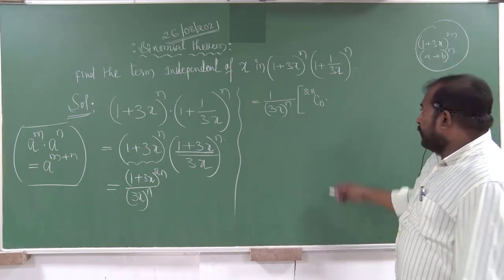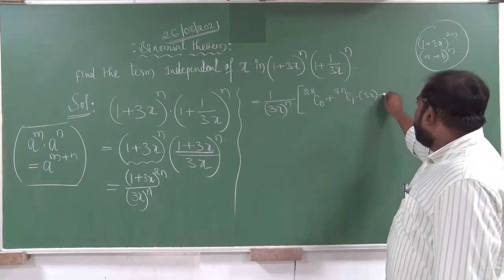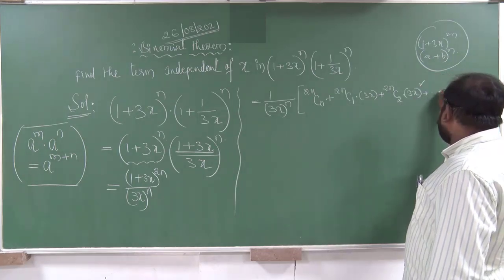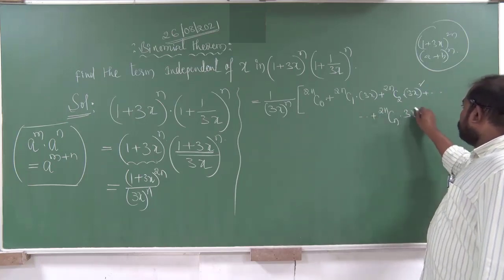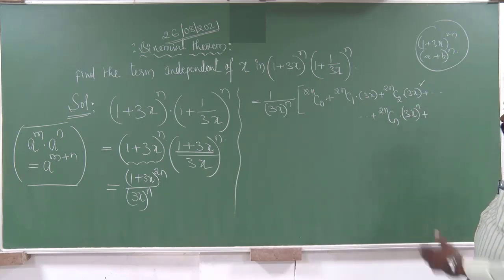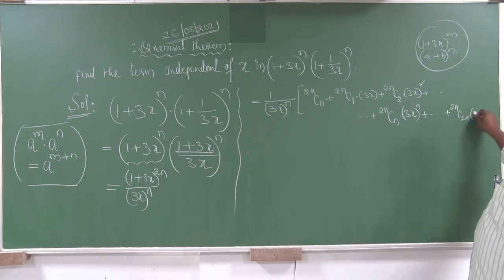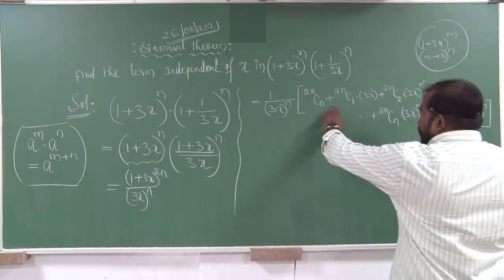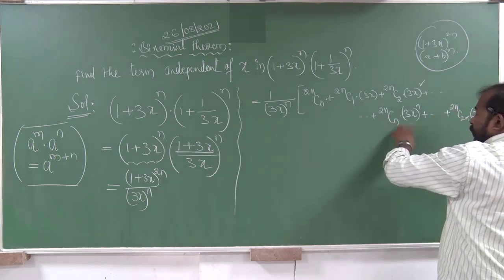Then expand this value: plus next value 2n c1 into 3x plus 2n c2 into 3x square, plus one more term 2n cn into (3x) whole power n, and by continuing this process, the last value 2n c2n (3x) whole power 2n. Like this you will get the value. But if you observe the entire value, 2n c naught plus 2n c1 into 3x plus 2n c2 into 3x square plus, like this.